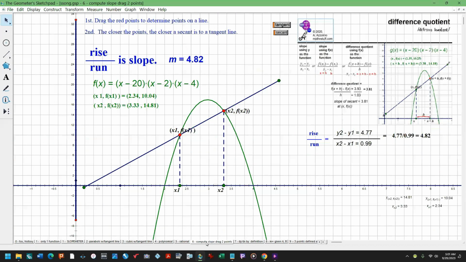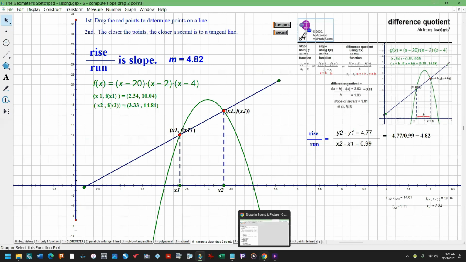Okay, compute slope and drag. This is the calc definition that slope comes from. Slope, introduced in Algebra 1, is rise over run.